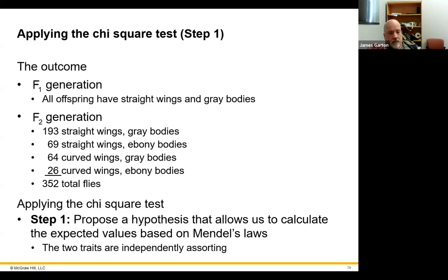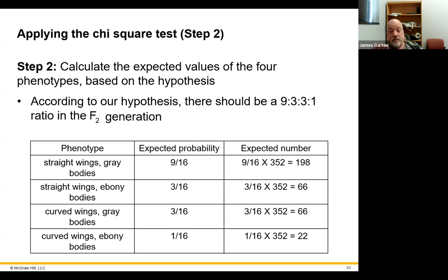To use the chi-square test, you have to make a null hypothesis. Your null hypothesis for this kind of cross is that the two traits are independent. And therefore, you would expect 9, 3, 3, 1. If you did the math, the 9 would be 9/16 times 352, which is 198. 3/16 and 3/16 would be 66 and 66.